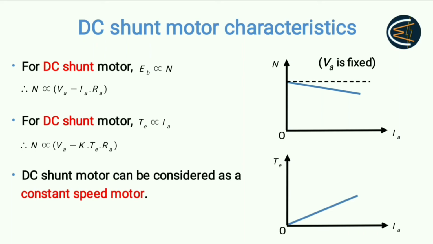So in the actual scenario, this curve doesn't start from the origin. See here, the armature current is zero, but still there is a speed. It is actually indicating the no load speed at this point, but even at no load some current is always there. At zero current it is not possible to rotate the motor, right? So theoretically it is okay, but in an actual scenario some current is always there.